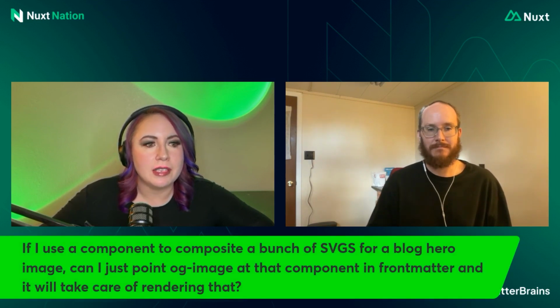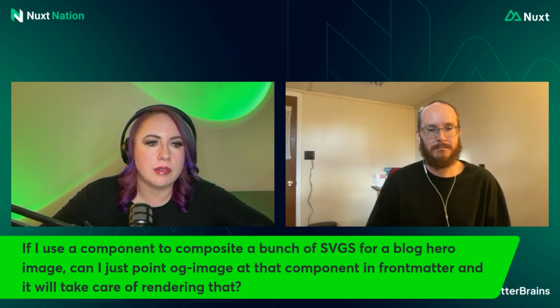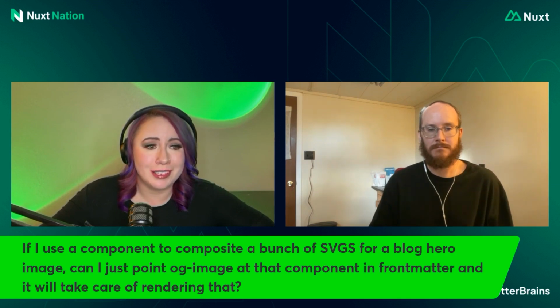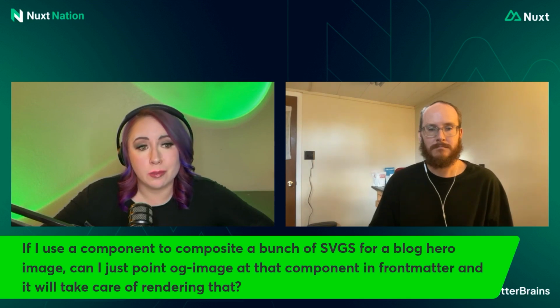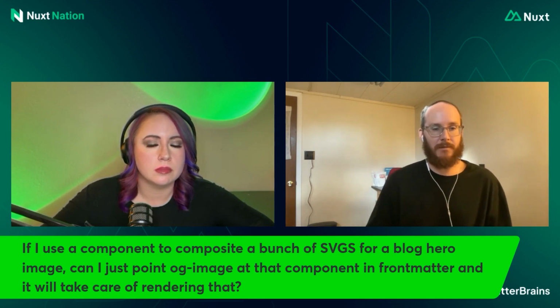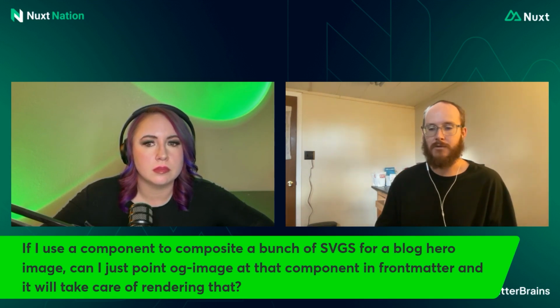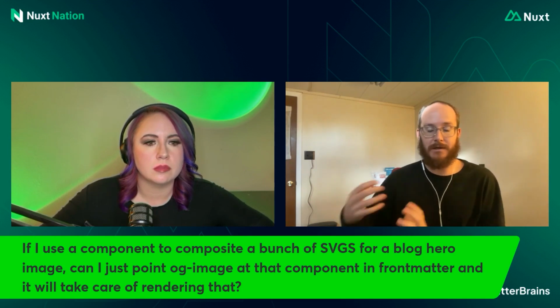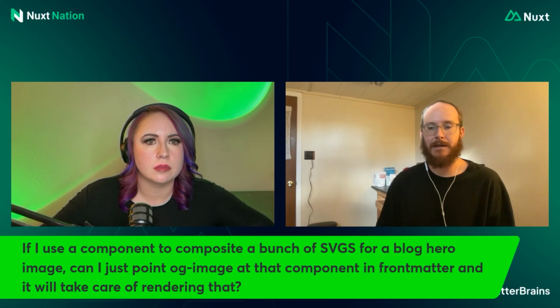If I use a component to composite a bunch of SVGs for a blog hero image, can I just point OG image to that component in front matter, and will it take care of rendering that? So what we do is, if you composite a bunch of SVGs for a blog hero and you want it to be a custom OG image, you can override the generated OG image on the page, even if you're using the OG image plugin.